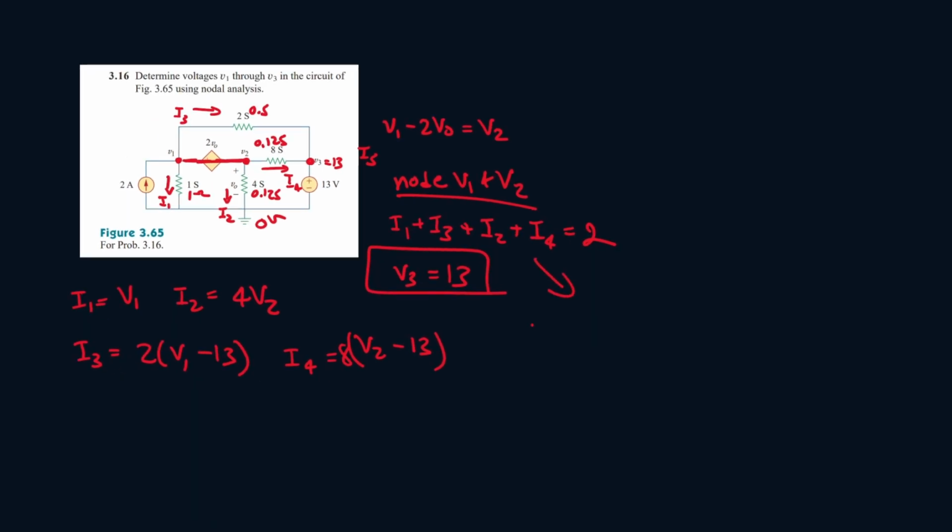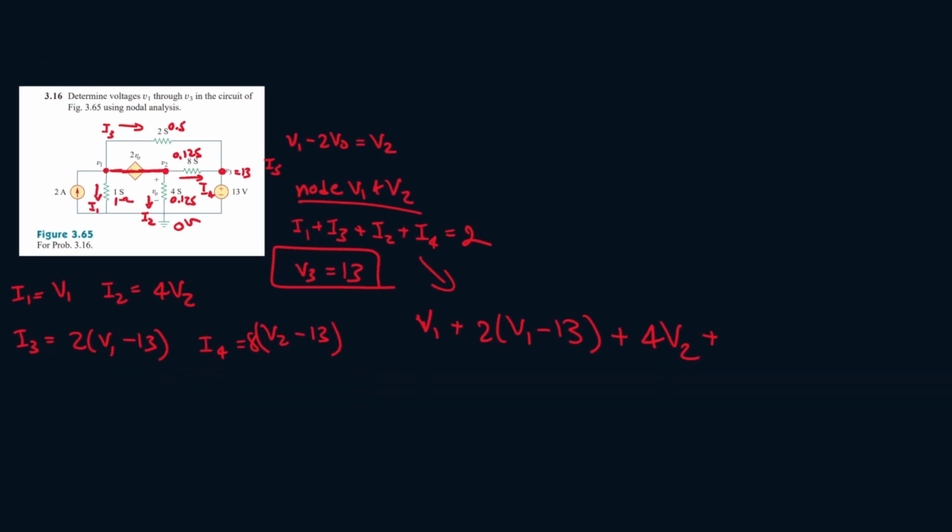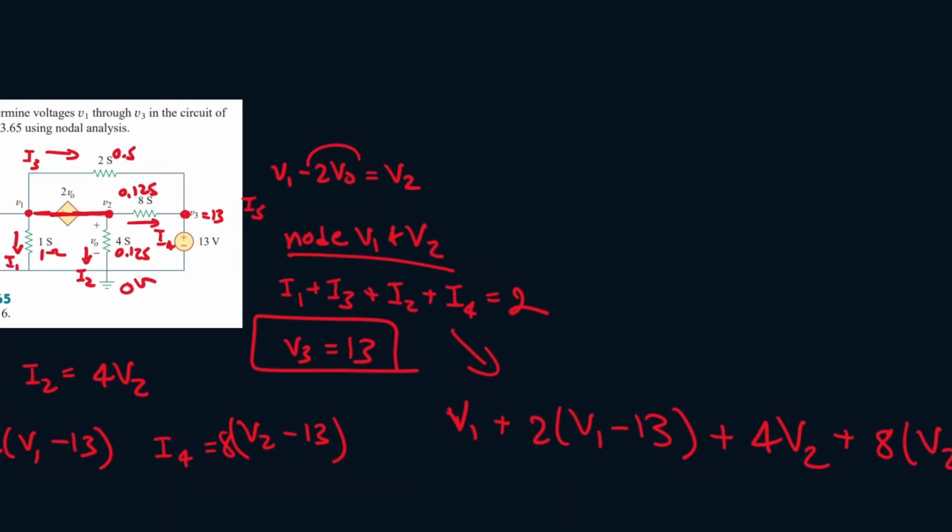Now let's work with this. So it's V1 plus I3. So V1 minus 13 plus I2, which is 4V2, plus 8 times V2 minus 13. So now let's plug in V2 with this. Oh, by the way, I just realized we have this VO here.